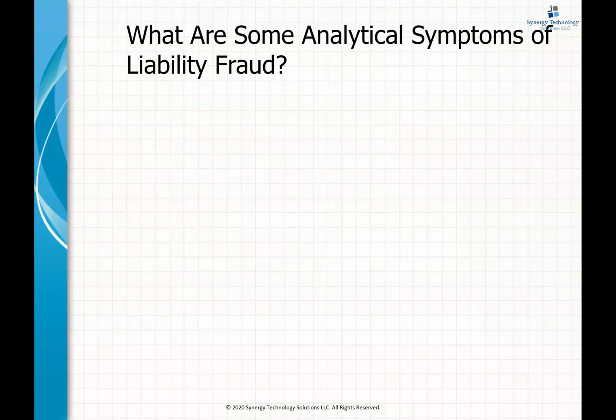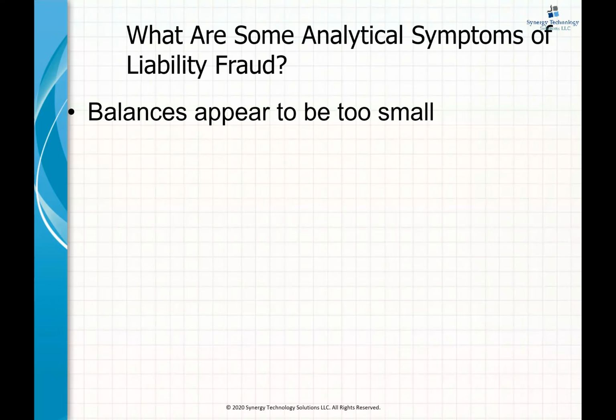Now, what are the analytical symptoms of liability fraud? Remember, we talked about the 6 symptoms that we will apply towards every financial statement line item. So these are the analytical symptoms. The balance appears to be too small. It could be the liability section, it could be the contingent liability section.